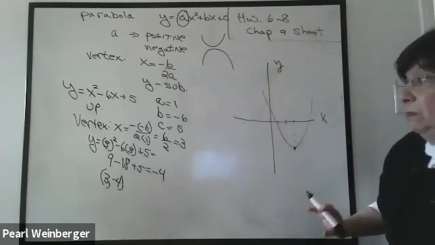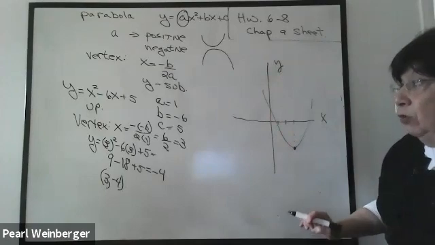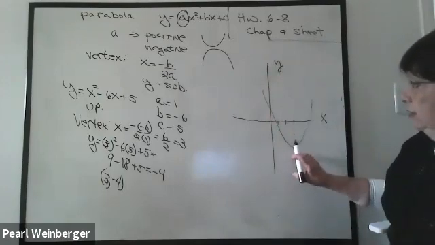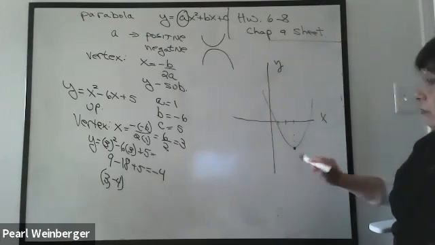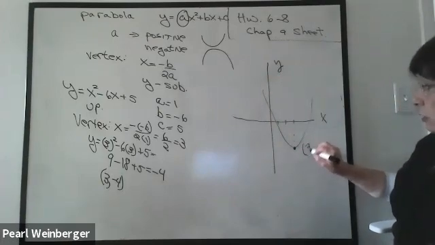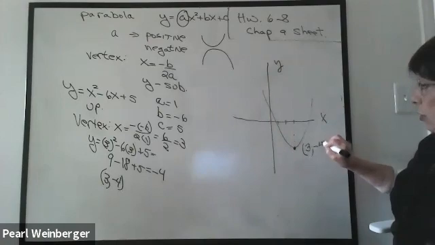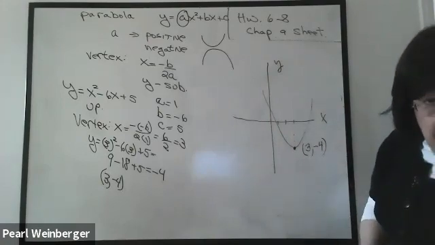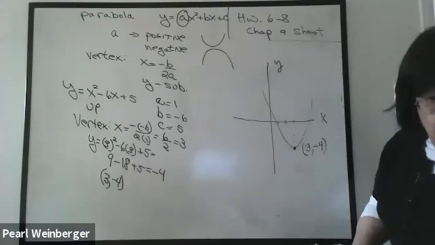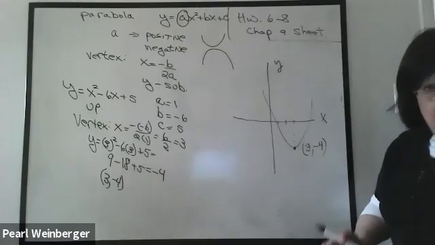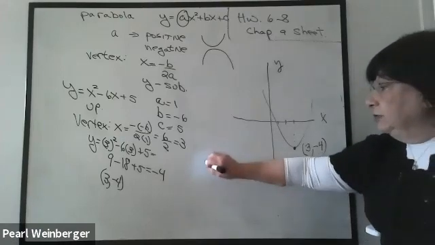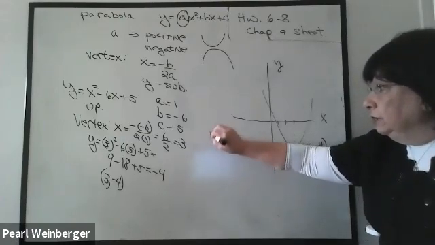The most important thing to know about a parabola is its vertex and whether it opens up or down. But there are other things that we could figure out as well, and sometimes they do ask questions about it. One of the things they can ask you about is, what are the intercepts?